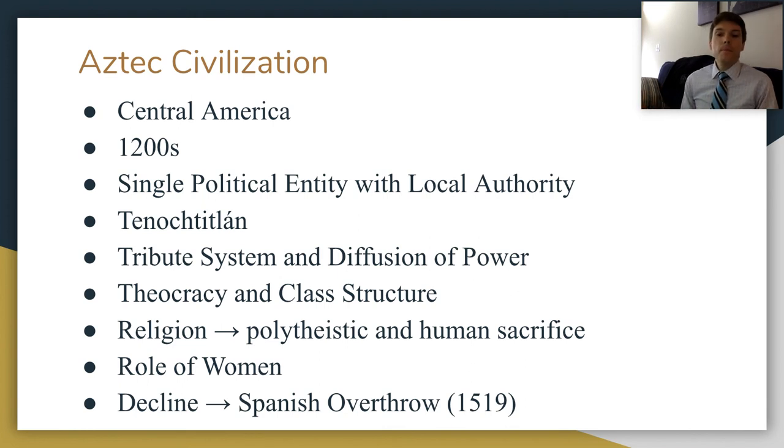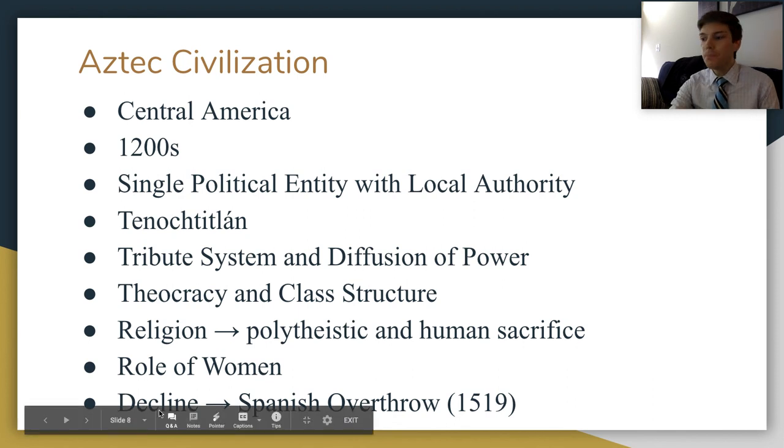Tribute was only sustainable for so long. But ultimately, the arrival of the Spaniards in 1519 took advantage of a lot of these internal weaknesses and made it easier for Hernan Cortez and the other conquistadors just to steamroll their way through the Aztec civilization.